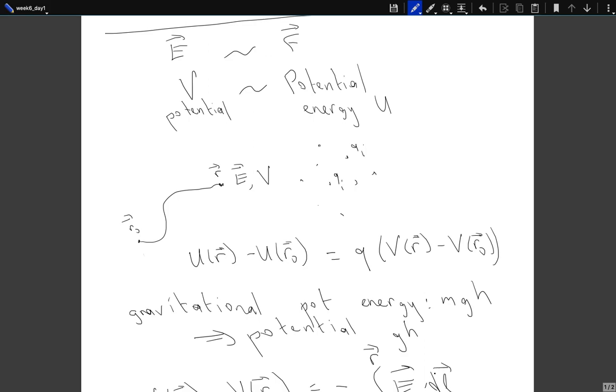So as I go from point C to A, the potential energy of the system has increased because I did positive work. So this is positive, and the potential difference is just the potential energy difference per unit charge. If this is positive for a positive charge, then this is by definition positive.